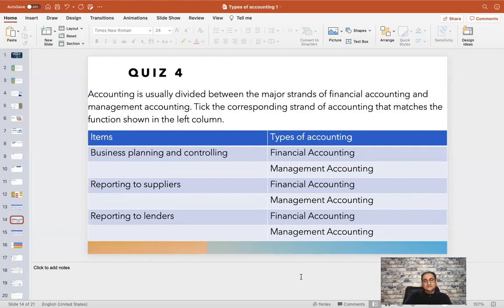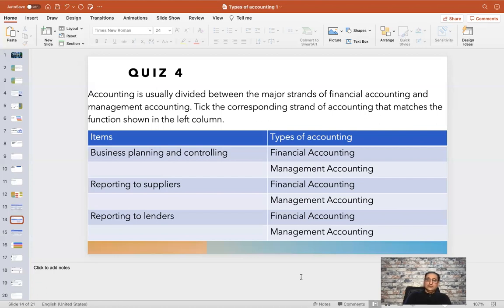The first item is business planning and controlling. What do you think? Which type of accounting reports are providing that information? We are talking about planning and controlling. Yes, you are right. It is management accounting reports.